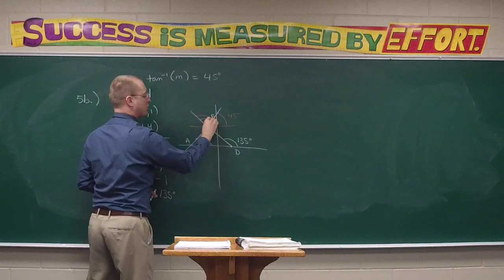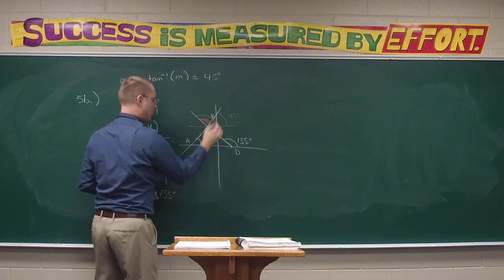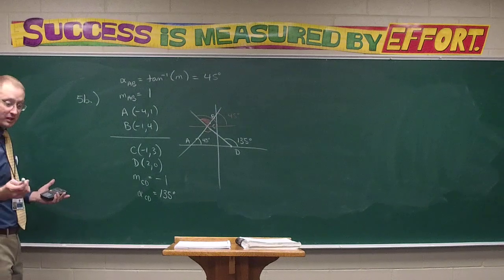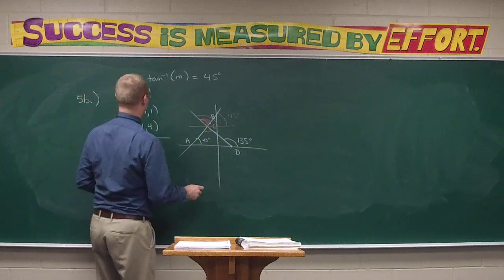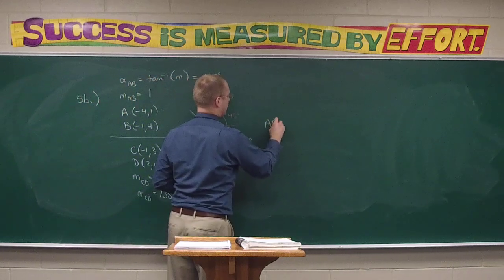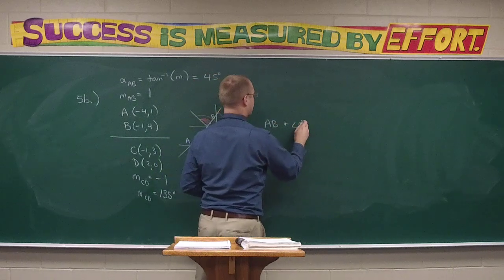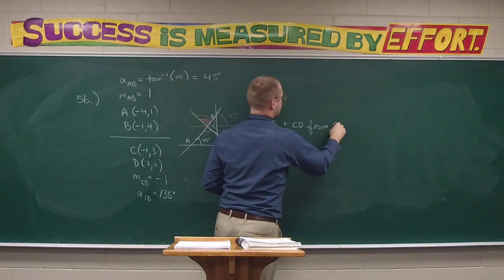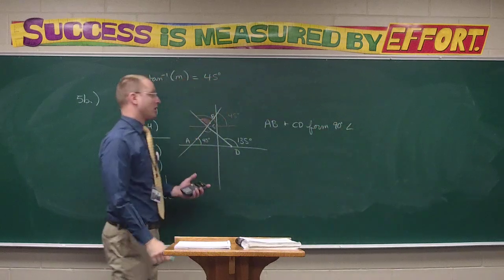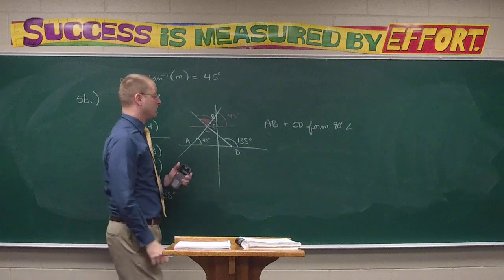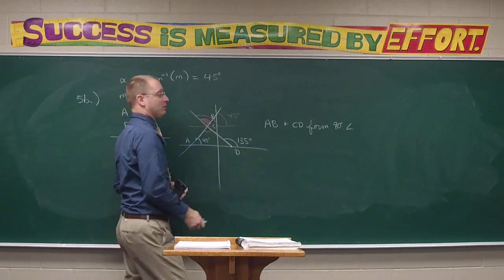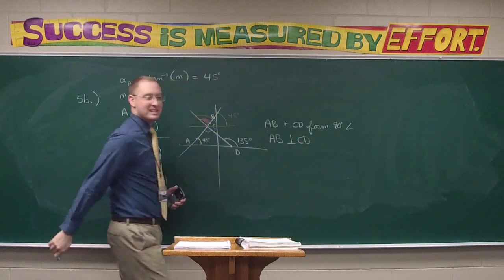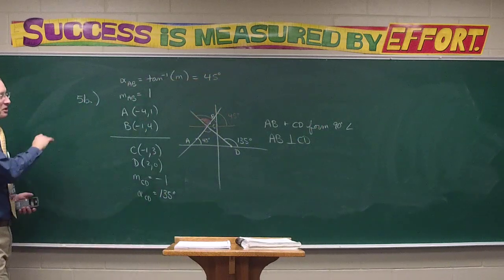So therefore, the angle between them is the difference of 135 and 45, which would be 90 degrees. So therefore, AB and CD form a 90-degree angle, or we could say, if they form a 90-degree angle, perpendicular. They're perpendicular to each other. Right? There's a good word from last year.